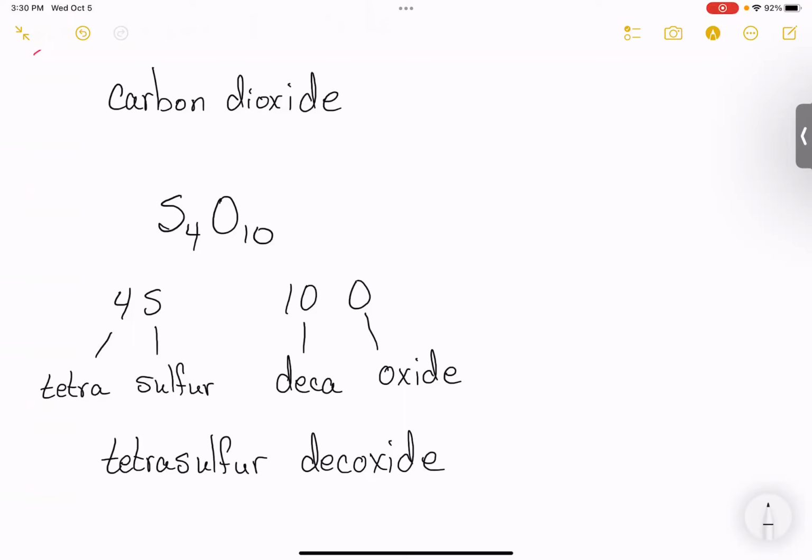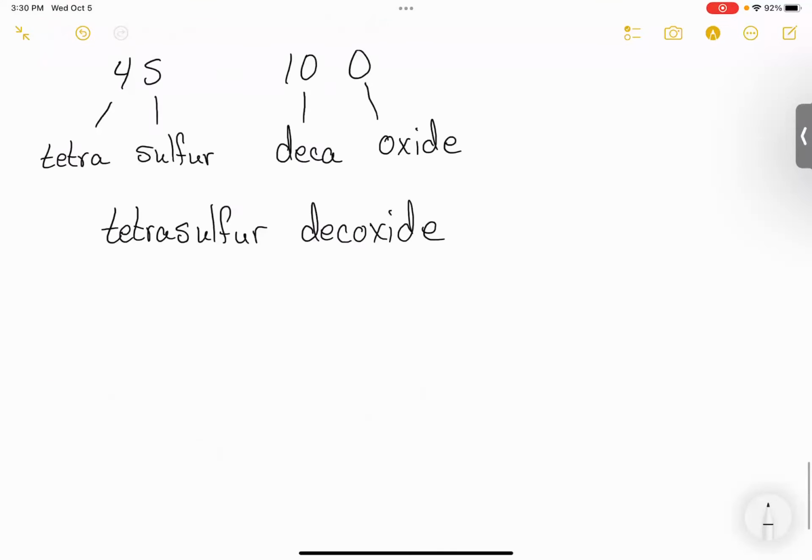Only if it's a single, only if it's a 1. You will use it for all other prefixes. It's only for mono. The only time you leave off a prefix is if it's for 1 on the first element. Folks, that means it's real easy to also interpret the names. No prefix means 1 sulfur.